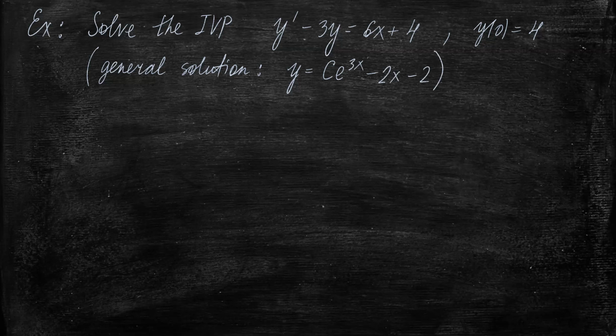So, how do we solve this initial value problem? Once again, we start with the general solution of the corresponding differential equation. How we got it, here it was given to us.